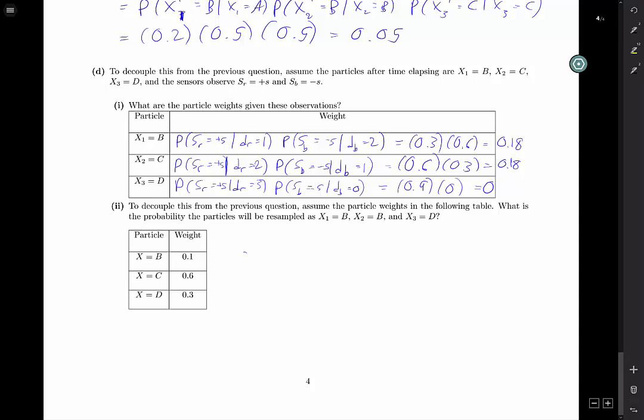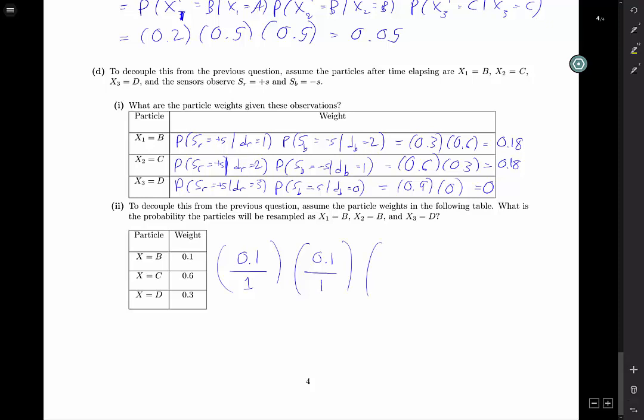We sum up all the weights of x equal to B and divide by the total sum, which luckily sums to 1. Now what's the probability that x2 equals B? Sum all the weights with x equal to B, it's 0.1, over the sum of all the weights, which is 1.